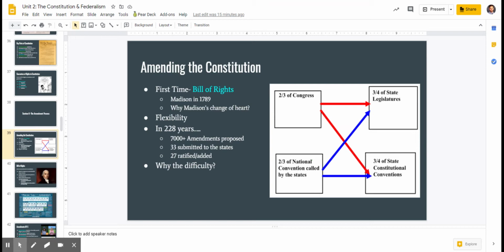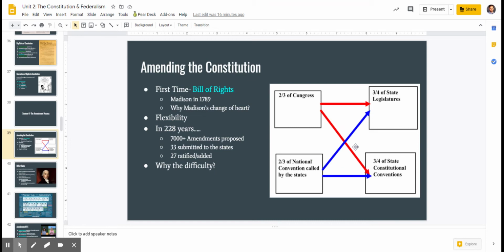All right, so the main other two ways in which you can also pass an amendment is through, again, another 2/3 of Congress, or instead of the state legislatures, like here in South Carolina, we have the State House in Columbia. That's the state legislature who would then vote. 3/4 of the members of the state legislature would have to agree, both the House and the Senate.